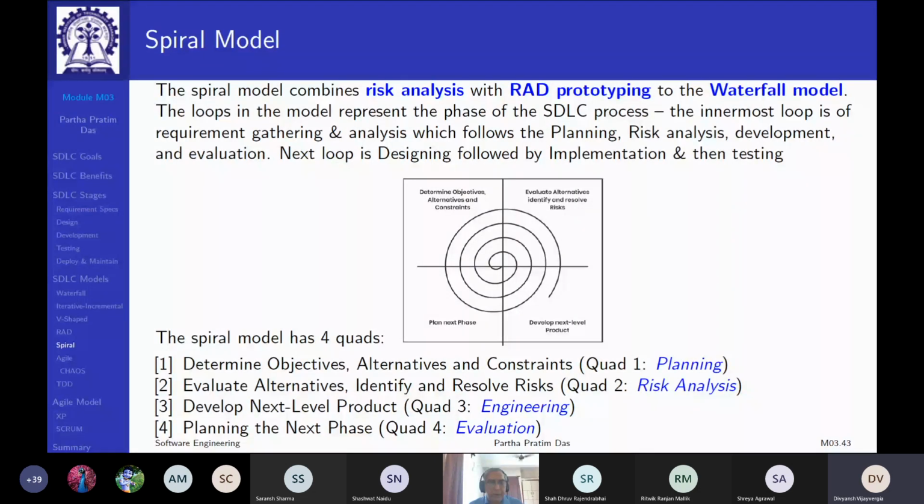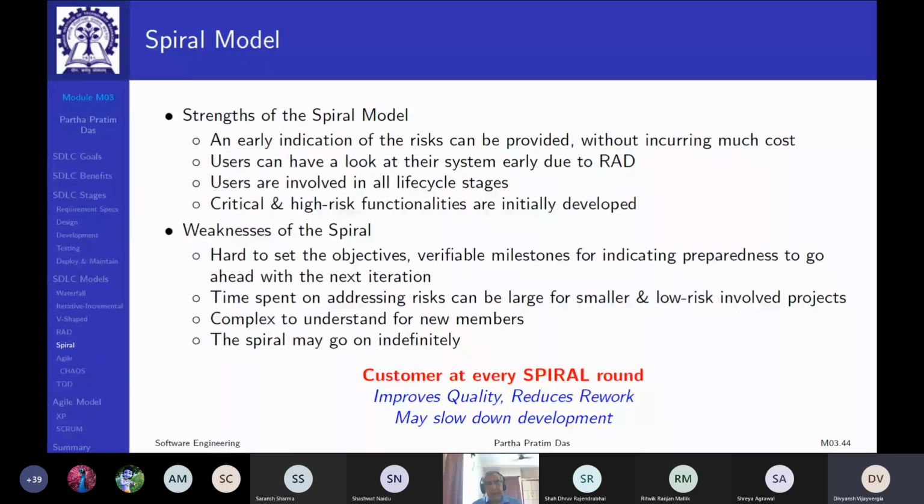So it's good in terms of getting an early indication of risk is always helpful, and the user is involved in all life cycle stages. Customer is at every spiral round, but it can be difficult, as in the RAD or the refinement itself.